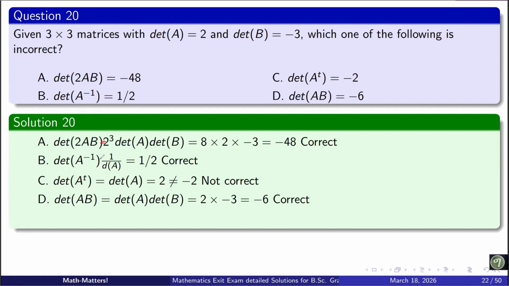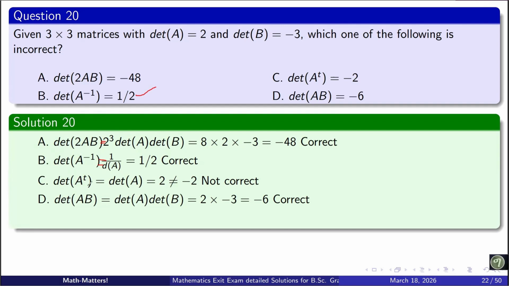That means the determinant of A inverse is equal to 1 over the determinant of A, the reciprocal of the determinant of A, but this holds true whenever the determinant of A is non-zero. The determinant of A is given to be 2, so therefore it is just 1 over 2, and the alternative also says so, therefore this is right, or simply it is correct.